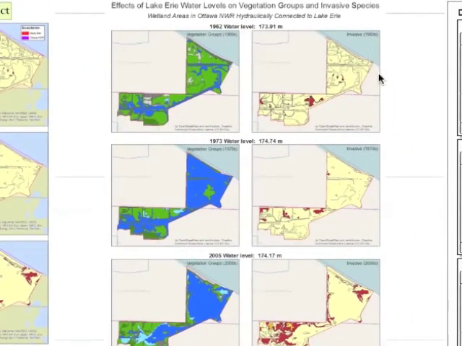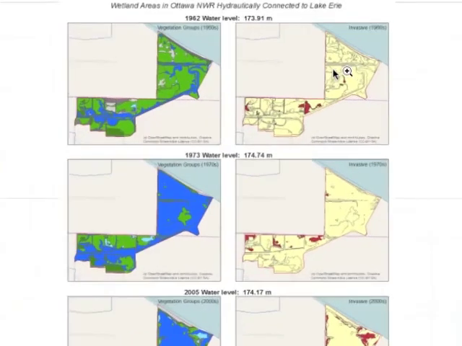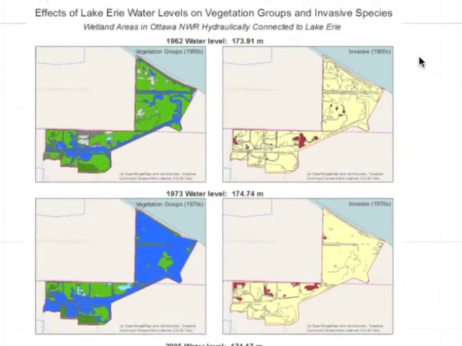Here's another example where we see a lot of the good that we've talked about, and some of the bad. So this title is pretty informative: the effects of the water level fluctuation on vegetation and invasive species. You've got the acronym here that maybe people don't know.